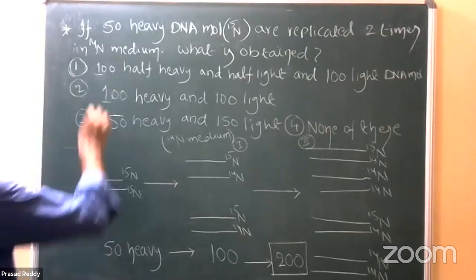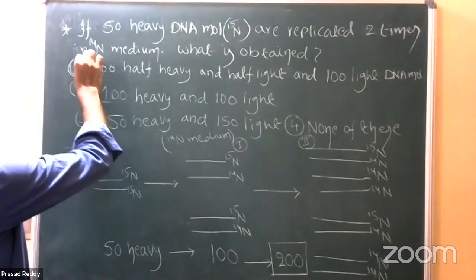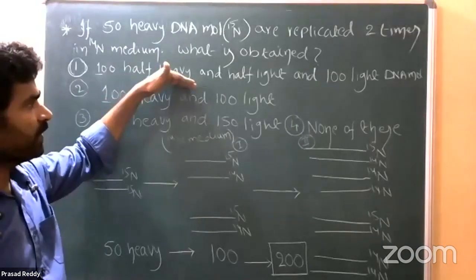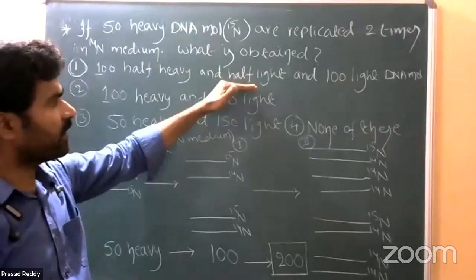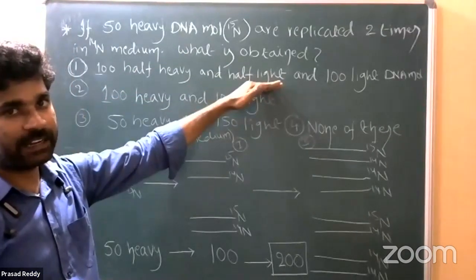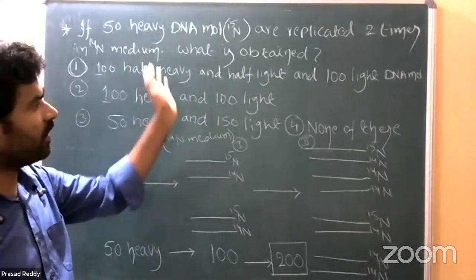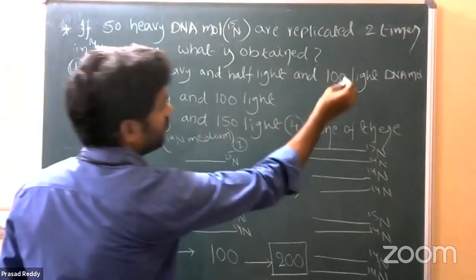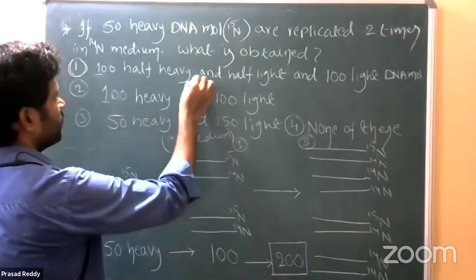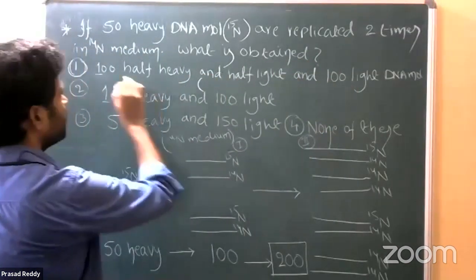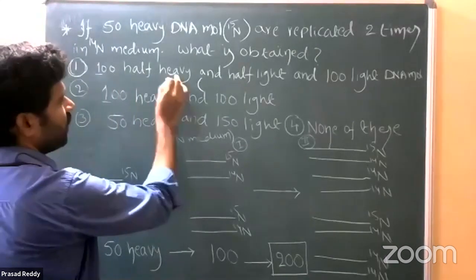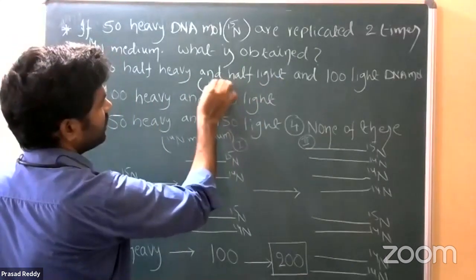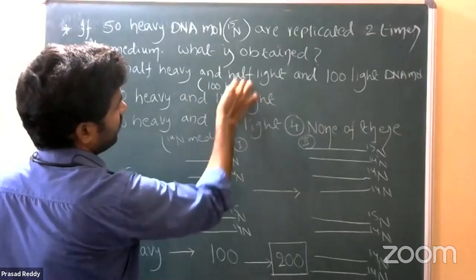Then the first option you can take: 100 half heavy and 100 half light. It means 100 hybrid DNA molecules and 100 light DNA molecules. So in the option, 100 half heavy and half light means 100 hybrid DNA.